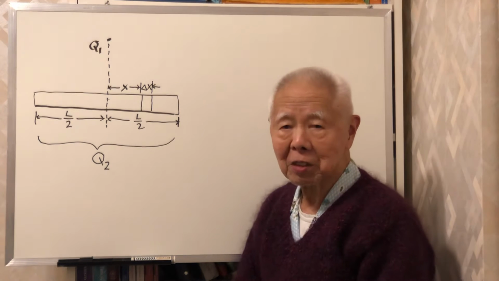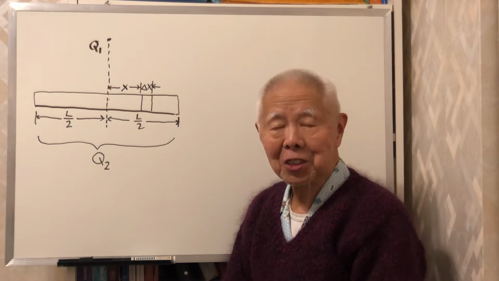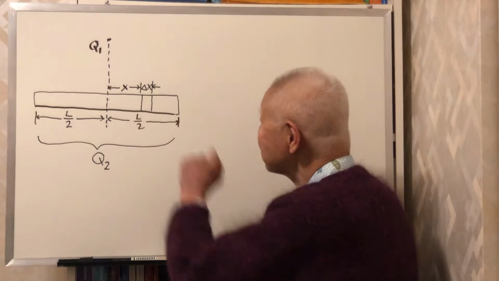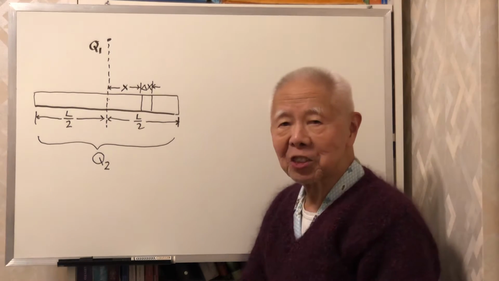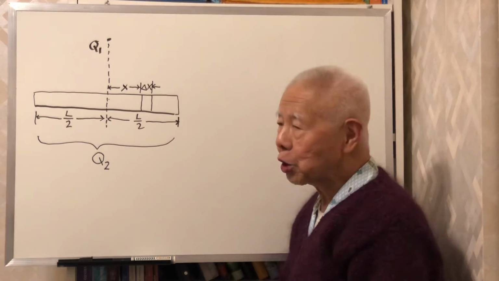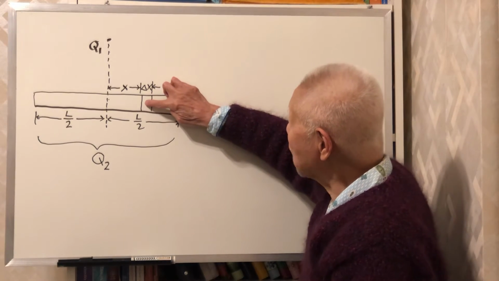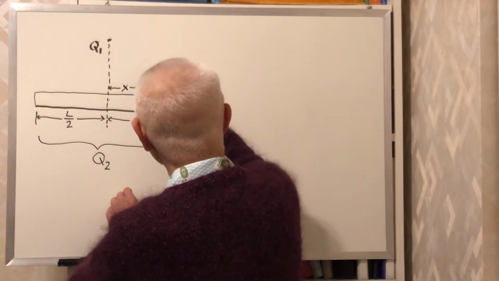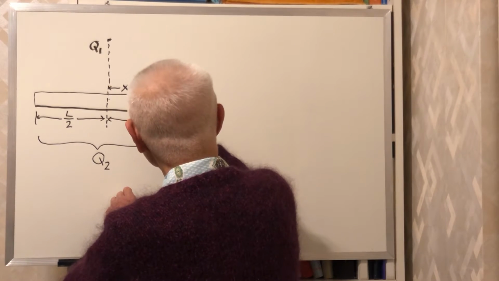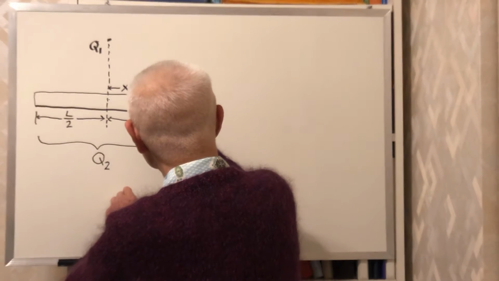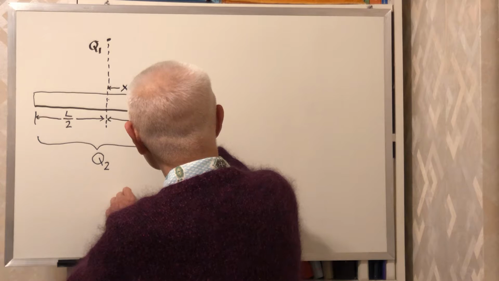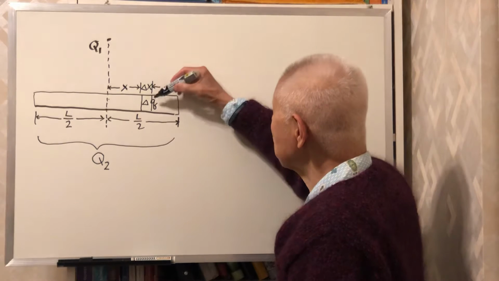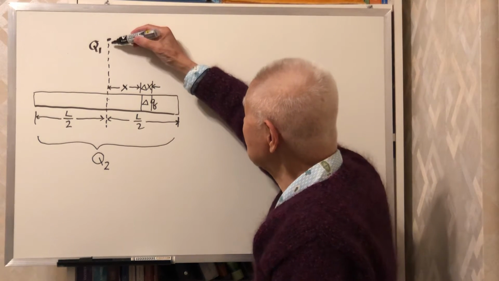As you understand, delta x is a small increase of the variable x. We will find the force between this small charge and Q1. Let's call this small charge delta Q. What is the force between delta Q and Q1?